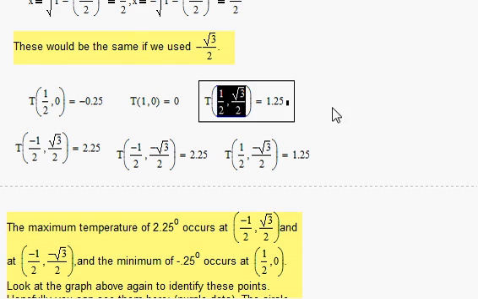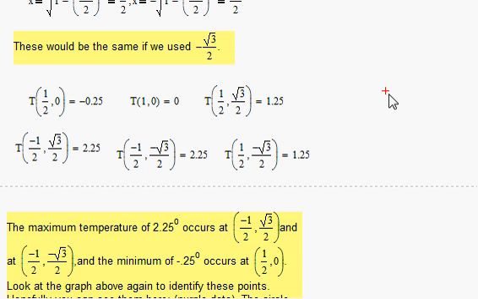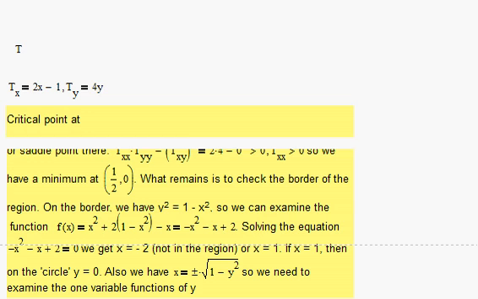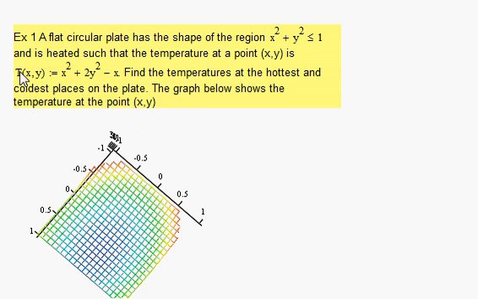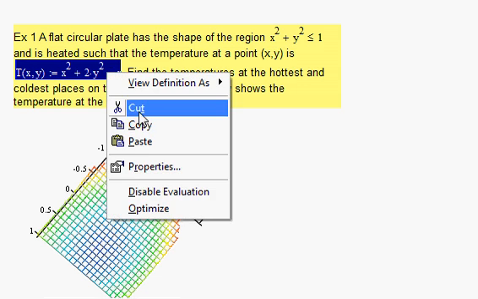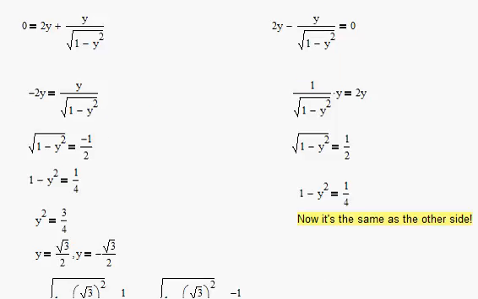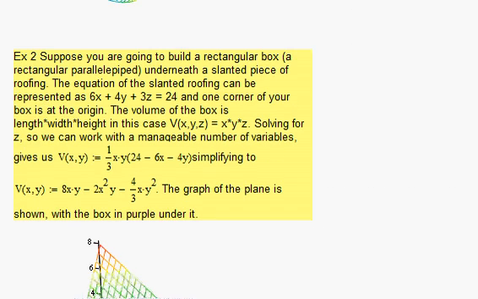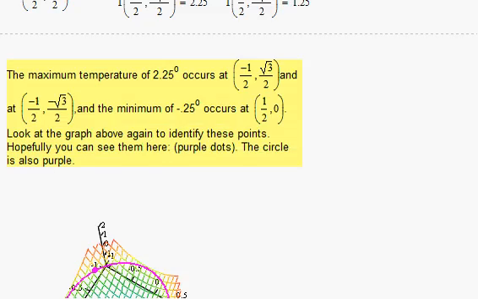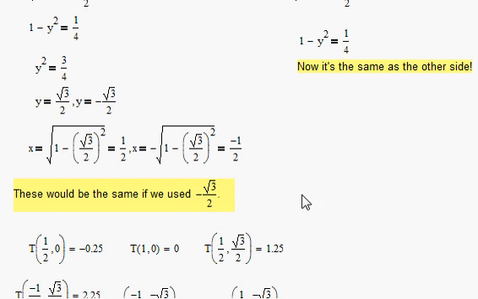At x equals 1/2, y equals the square root of 3 over 2. I keep running back to here, maybe what I should do is just go up here and copy this, so I don't have to run back so far to check. Yeah, there we go.